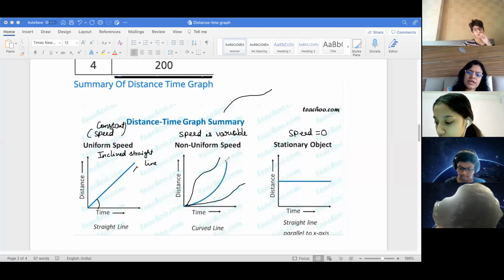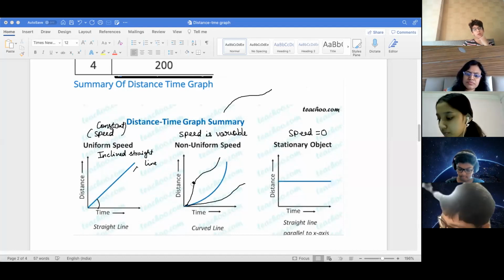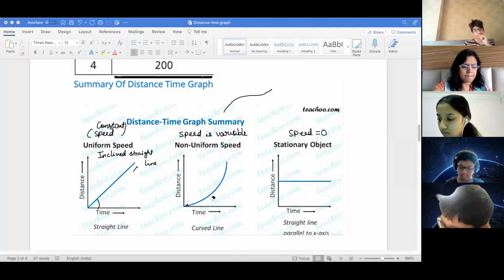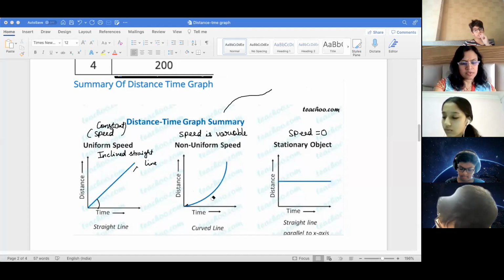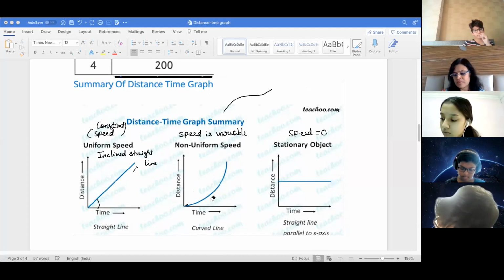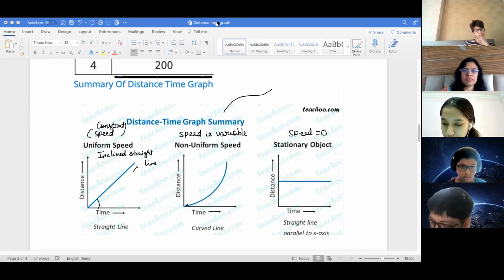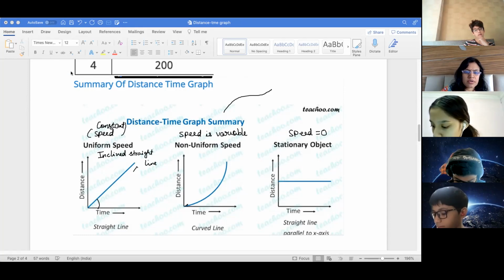It is not a straight line. So that is why it is changing. Just draw this. I'll be back.